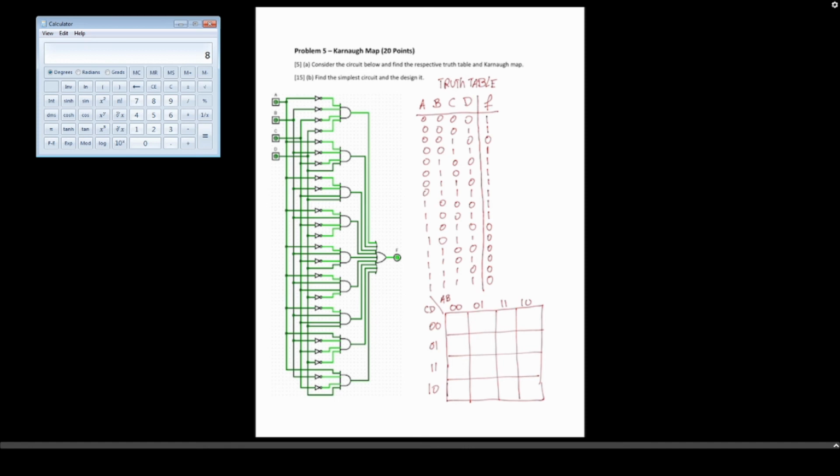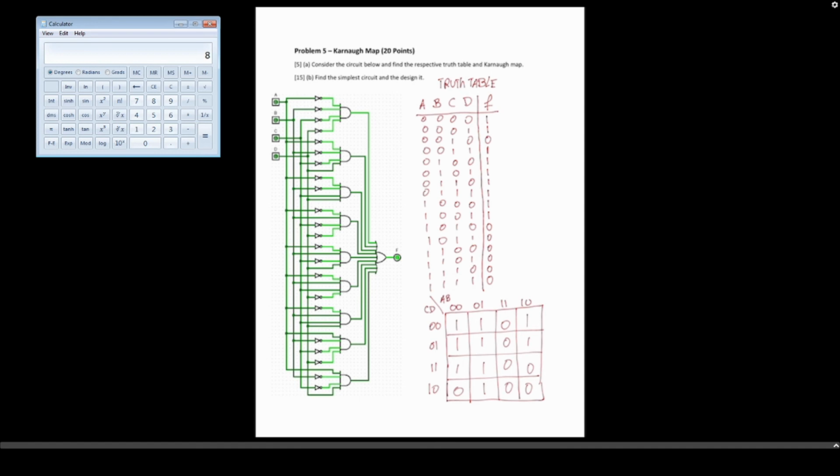And now I populate my truth table and I get, or my K-map, sorry, 1 1 0 1. So I just put this guy 1 1 0 1. Then I have 1 1 1 1. Then I have 1 1 0 0, and then 0 0 0 0. Perfect. All right. This is just for demonstration. I'm going to erase the truth table and just use the K-map. Obviously, in your exam, you just go to the next page and keep going. This is the answer for A, where you have the truth table and your K-map.